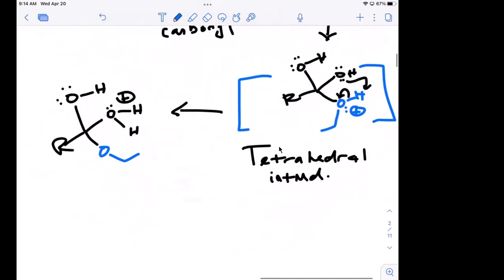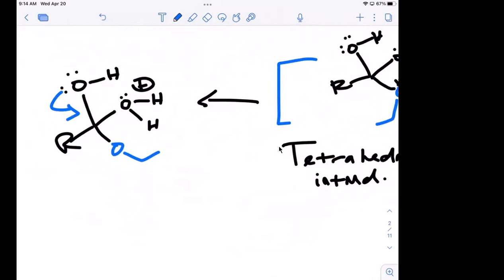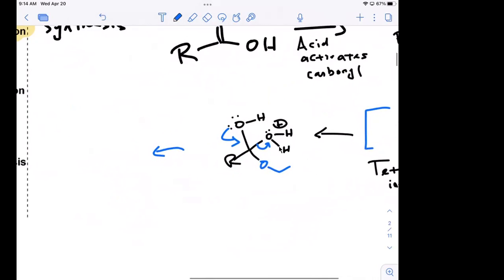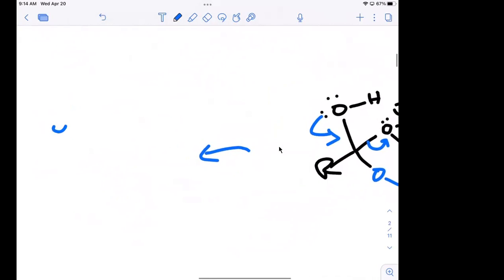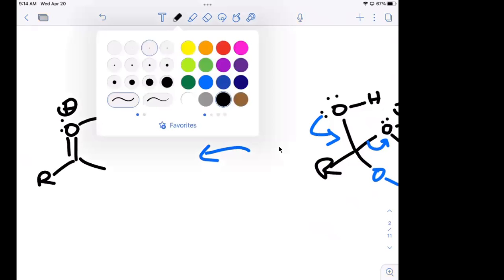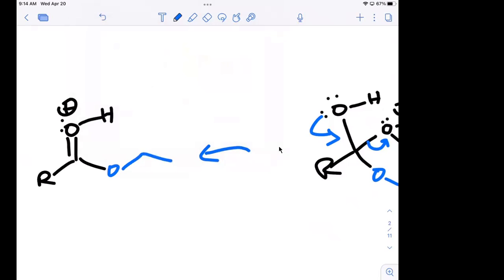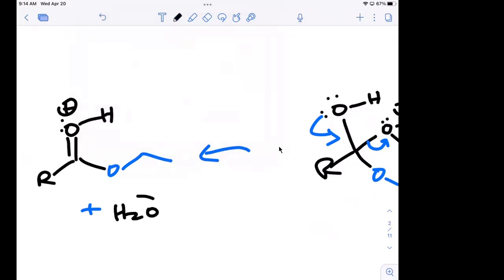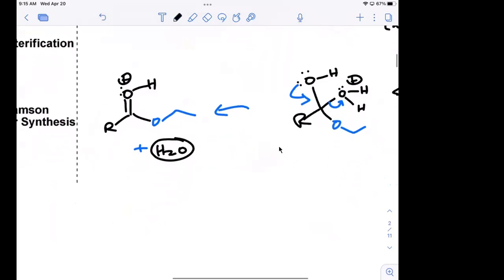All right. So now you can eliminate. You can kick off water, and then you end up with the ester, which is here, plus water. All right. And that's this ester.